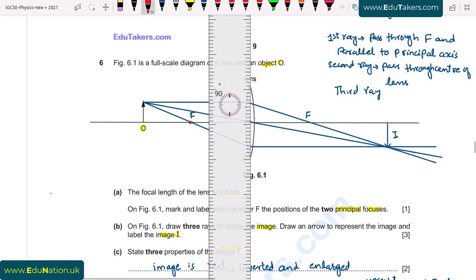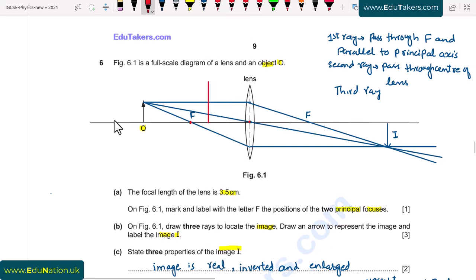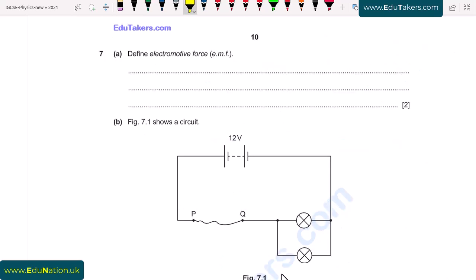The object will be at this position. This is O and this position is basically P. So we have located the object for the magnifying glass so that an upright and virtual image is formed by this.